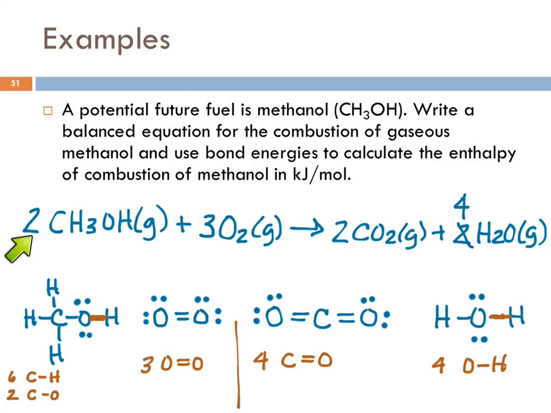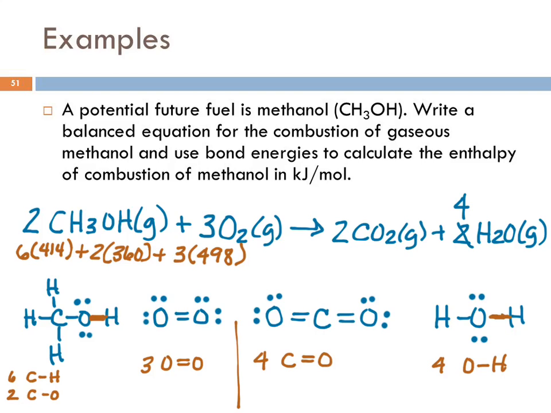So what I'm going to do is breaking bonds, these are all going to be positive. So I'm going to take 6 times the bond energy for carbon-hydrogen, which I wrote up on the board, is 414. So 6 times 414, and then I've got 2 carbon-oxygen bonds. Those are 360. And then I've got 3 oxygen-oxygen double bonds, and those are 498. This is like the investment.